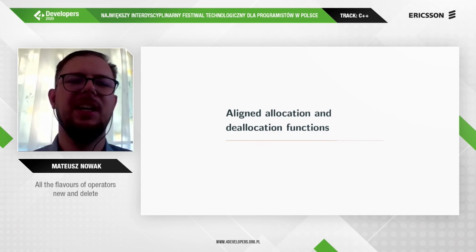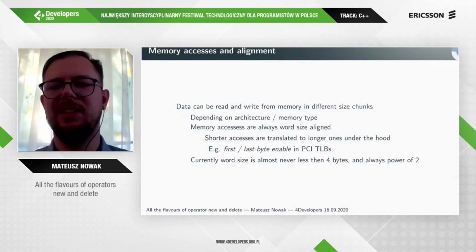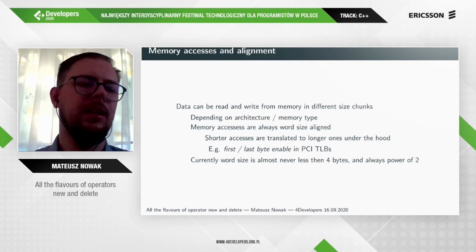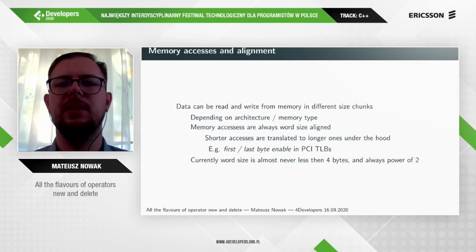So what is alignment? We have to go back to how memory is accessed in modern architectures. We don't read and write memory in single bits or bytes. We read and write in bigger chunks, usually words.